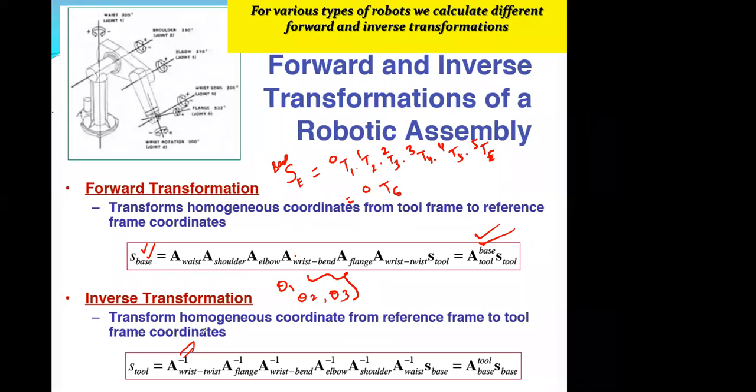In inverse kinematics, all the 6 places have the inverse. Here it is direct, there is no inverse, and here you have the inverse. In that fashion, this equation is your forward and inverse transformation of a robotic assembly. So how can a single problem be represented in forward kinematics? In forward kinematics, we can obtain the positions from this aspect.